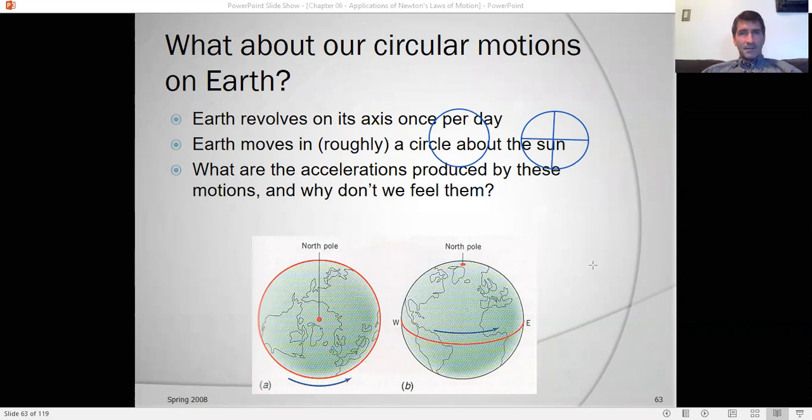Now, you can't see this in photographs. It's very, very subtle, but it does mean that gravity is slightly less at the equator than it is at the poles. The other thing that's happening here is, remember that feeling weightless? Well, in this particular case, you have your two basic forces again. You have gravity pulling you toward the center of the Earth, but it's also providing some of the centripetal force that you would be experiencing on a rotating body.